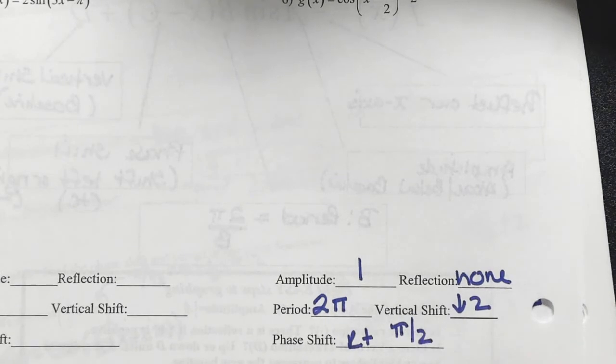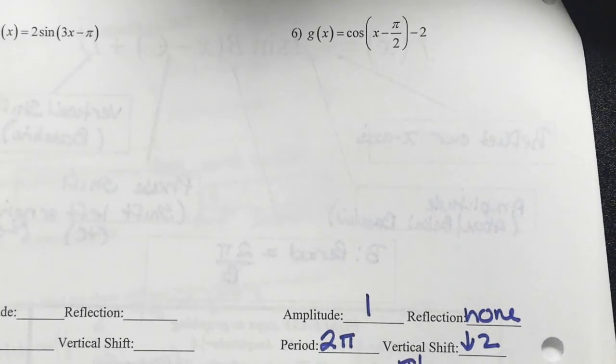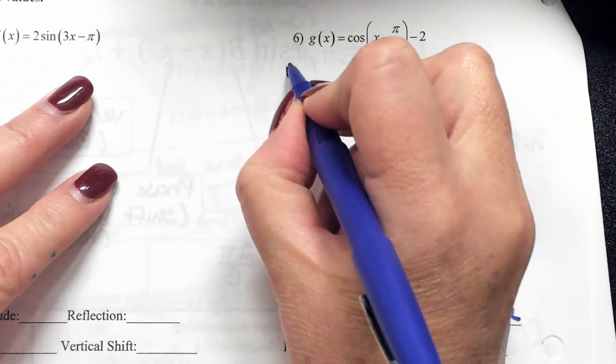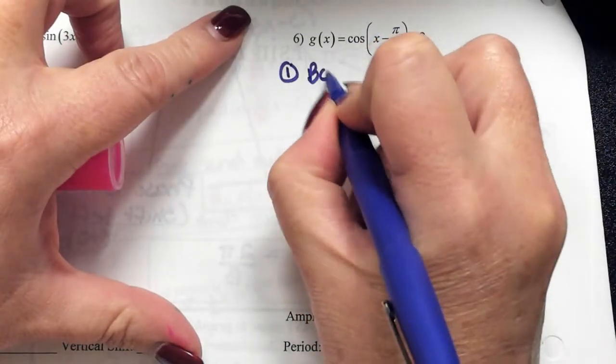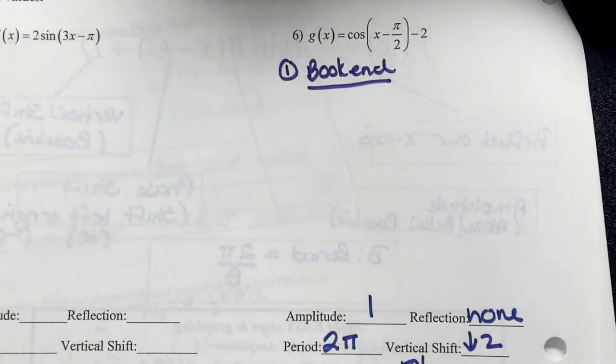So there's really two ways you can go about doing this, and I'm going to show you both ways on this example, and I'll show you the other ways as well. And what you're probably going to find is that most of you probably prefer setting up the inequality. So the one way that we can do it when we set up this bookend method, the bookend method is nothing more than an inequality. We know the parent function has a period going from 0 to 2 pi.